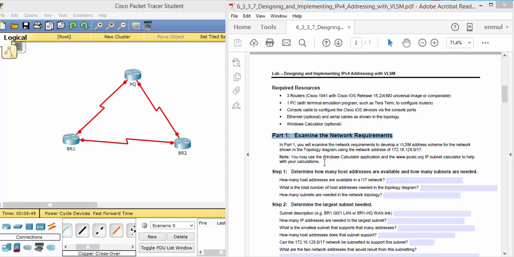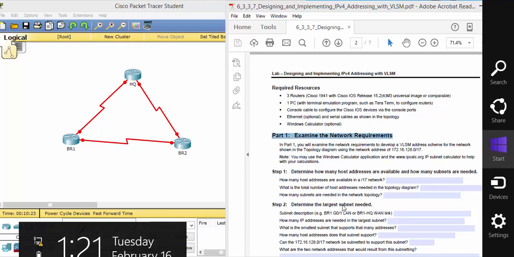Note that you may use the Windows calculator application and www.ipcalc.org IP subnet calculator to help with your calculations. First, determine how many host addresses are available and how many subnets are needed.